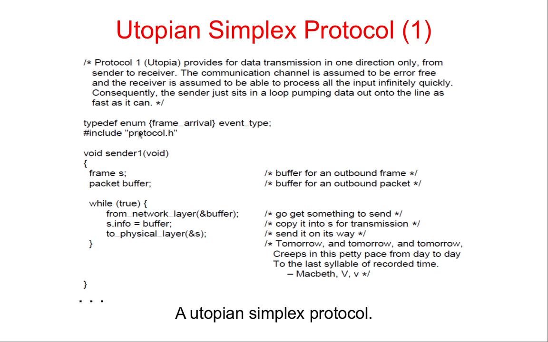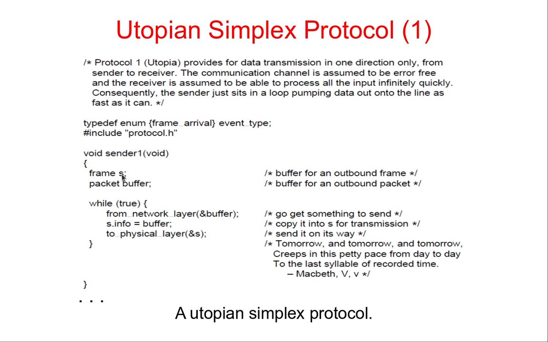With that enumeration, frame_arrival will have value 0 because of this enum, and the variable for that is event_type. So event_type is the variable that can only have one single value, frame_arrival. Now we are including protocol.h, so that all the previous functions and variables you have seen so far are available here. So this is the sender's implementation.